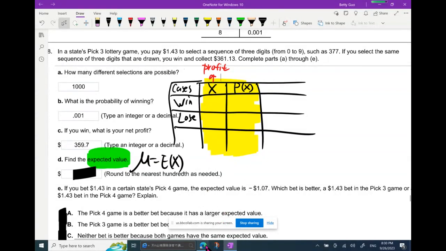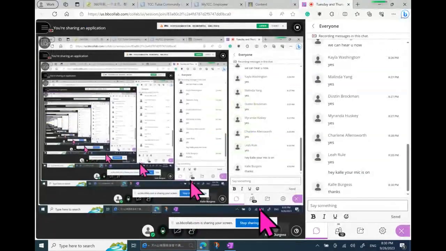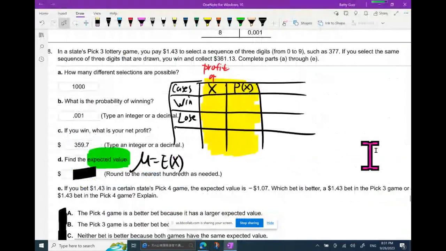Questions? Let me see. Okay, so random variable X here, you need to know, is the profit. So when you win, your profit, in part C, is $359.70.